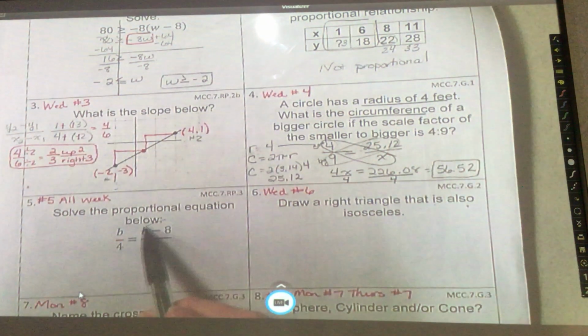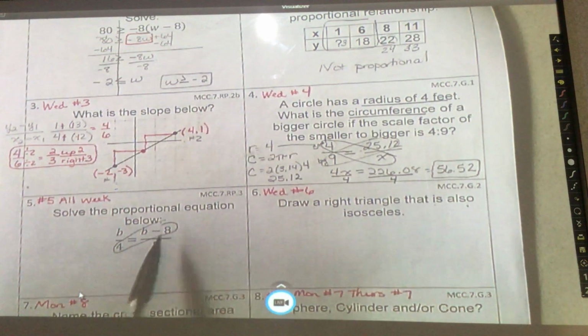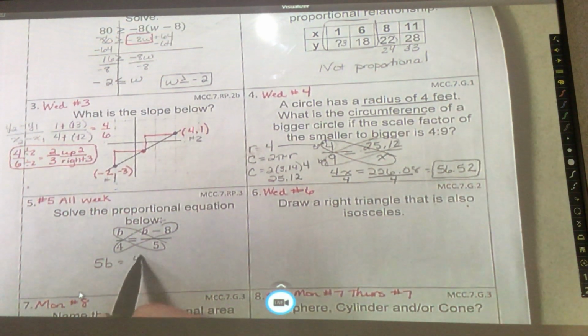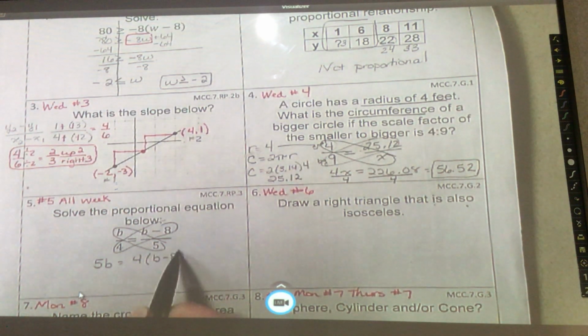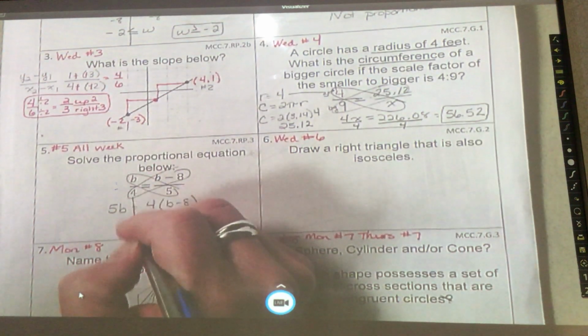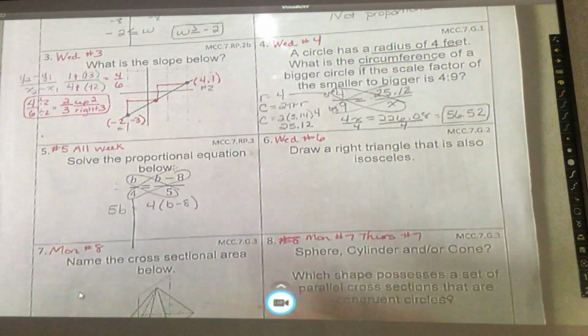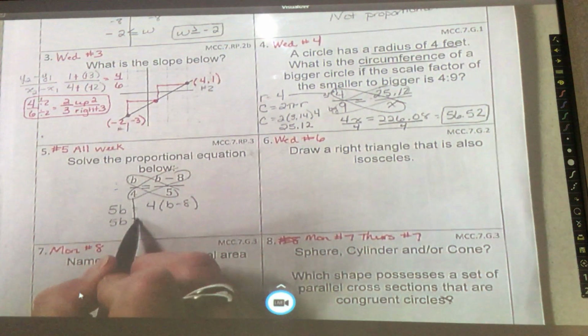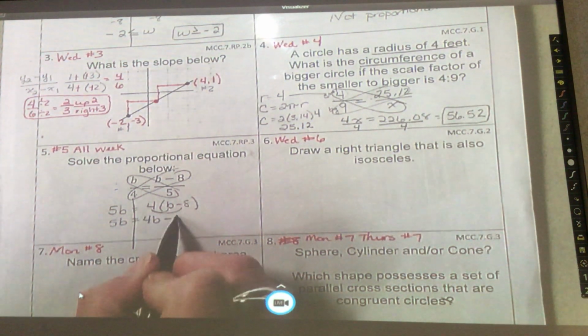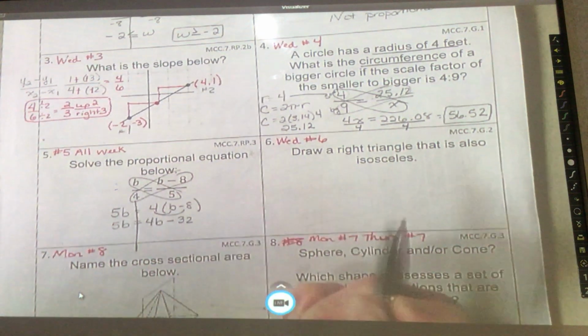Solve this proportion. We're gonna have 5b equals 4 times the quantity b minus 8. Could I have switched them around? Yep, doesn't matter. But what do I do next? Distributive property. 4 times b is 4b. 4 times the negative 8 is a negative 32.